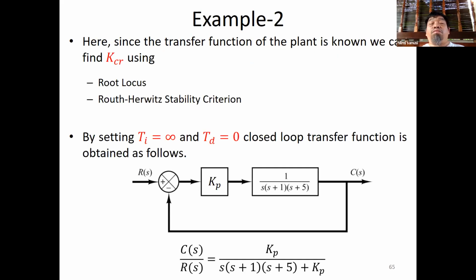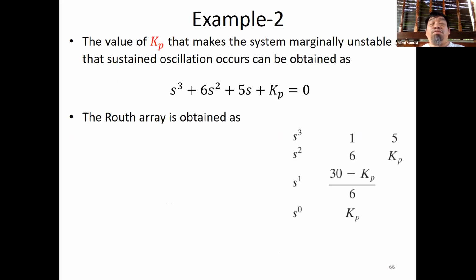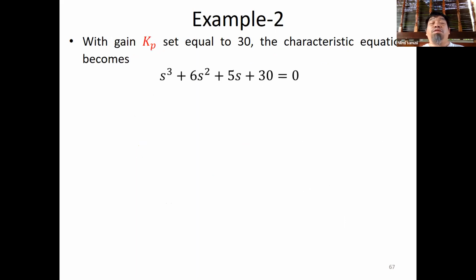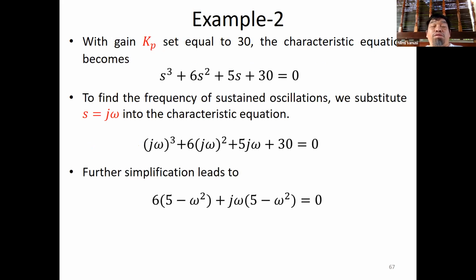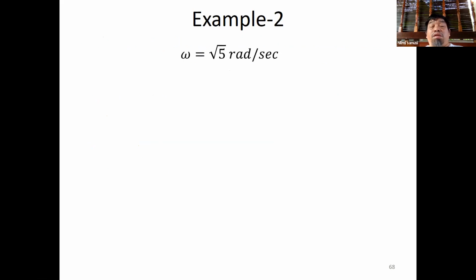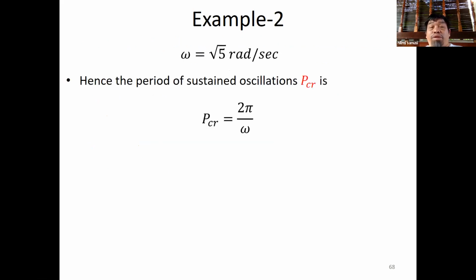So from the root criterion, you put Kp into this equation. Then you look for your oscillation frequency. Once you get your frequency of oscillation, you get your period. Like here, your period is 2 pi over omega.